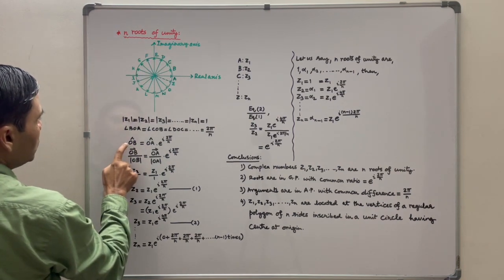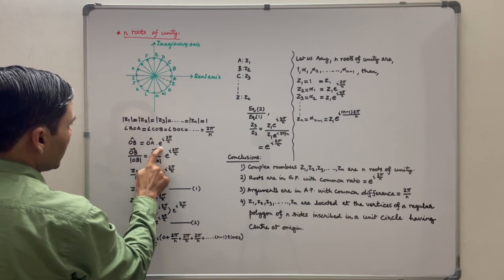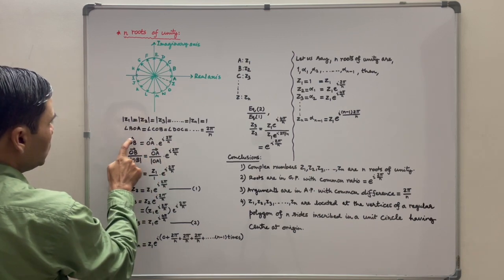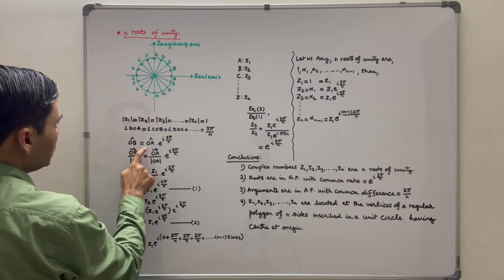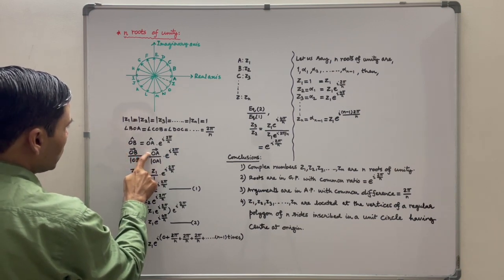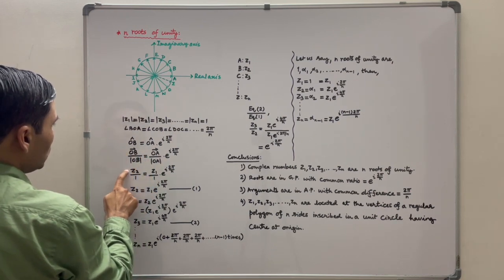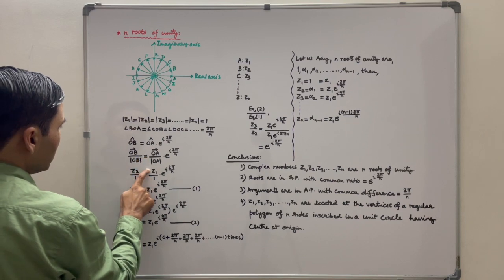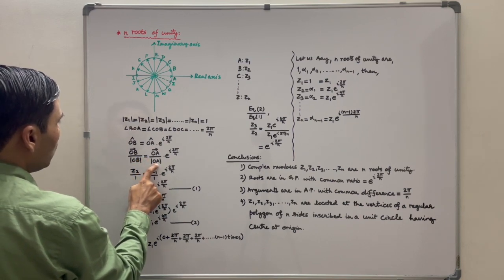So we can say unit vector OB is equal to unit vector OA into e to power i 2 pi by n. Unit vector OB is equal to vector OB upon mod OB and unit vector OA is equal to vector OA upon mod OA. Vector OB represents z2 and vector OA represents z1. Mod of OB is equal to mod of OA is equal to 1.